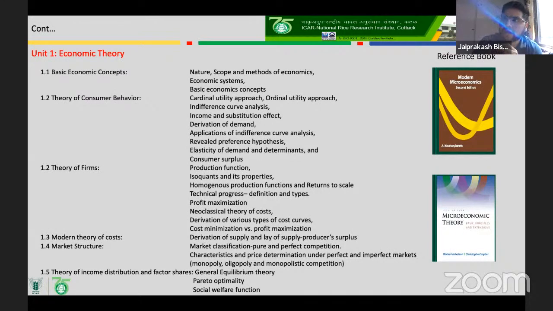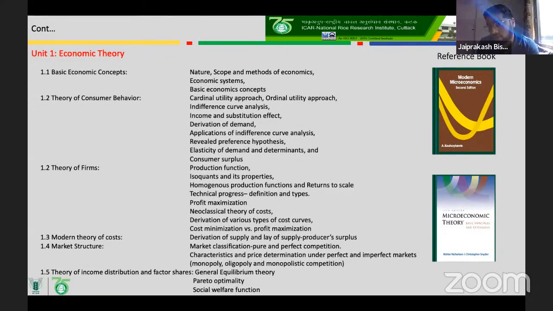Other thing is that you should be very thorough with all the diagrams. In microeconomics, there are a lot of diagrams. You should be very clear when which curve intersects which other curve at which point, and what its implications are. And what is there on the x-axis, what is there on the y-axis.